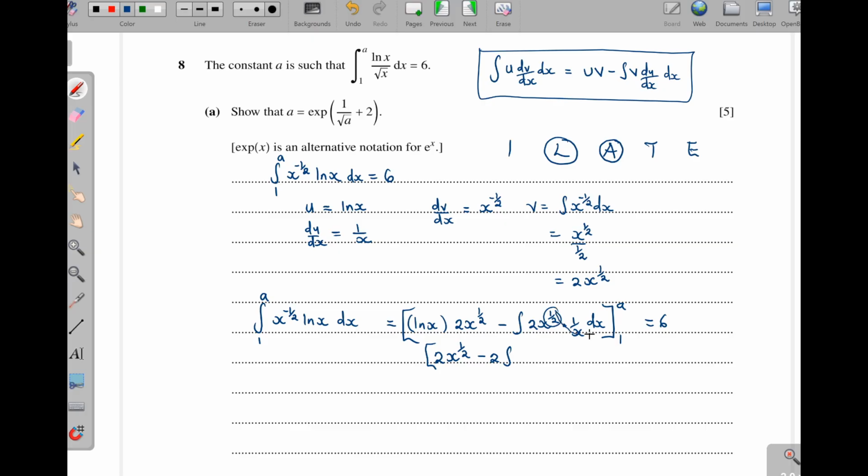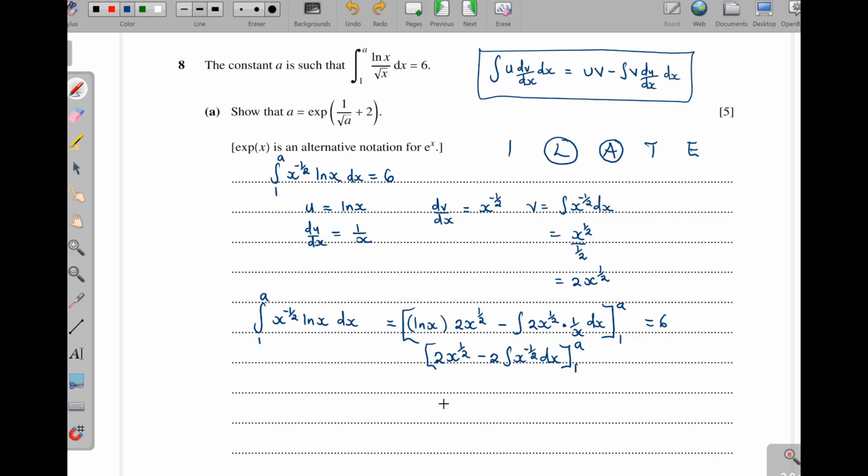This is a half minus 1, it will be x to the power of negative a half. Now, if you are so observant, you can actually see that what we are having here is what we have already done here, and the answer we got is this one here.